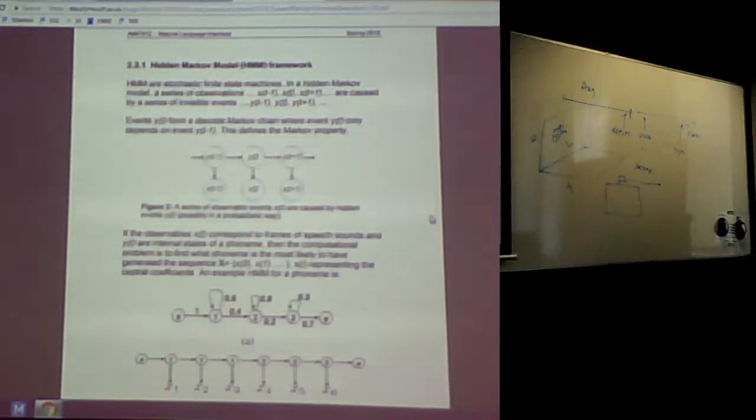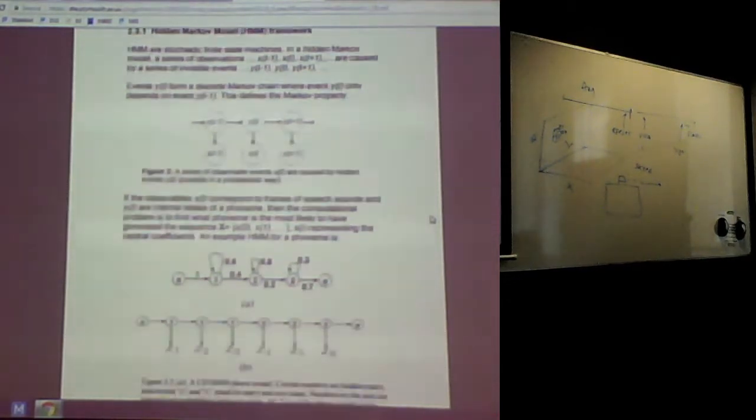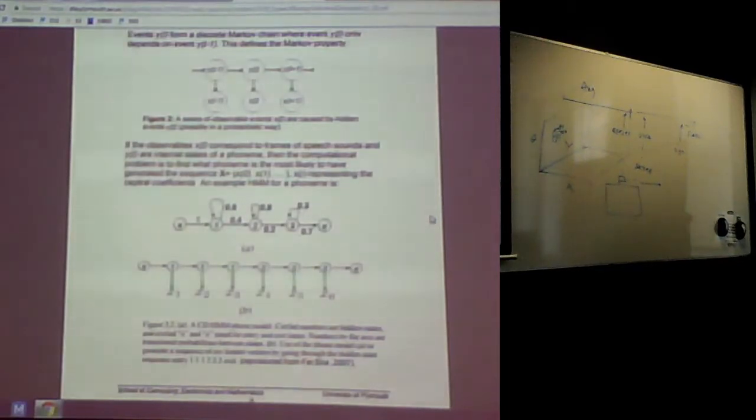So the idea is, given these sounds, can we work out what the hidden process is? And hidden Markov models have properties like what comes after does not depend on what comes before.